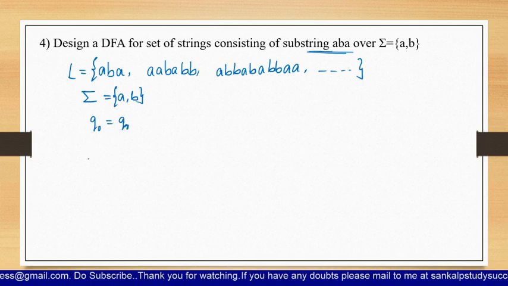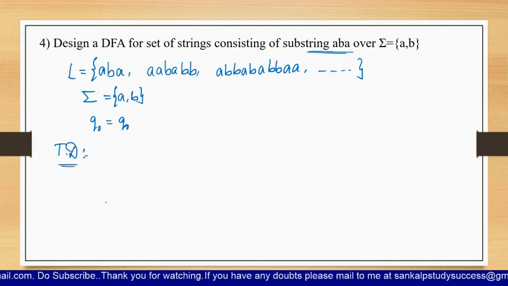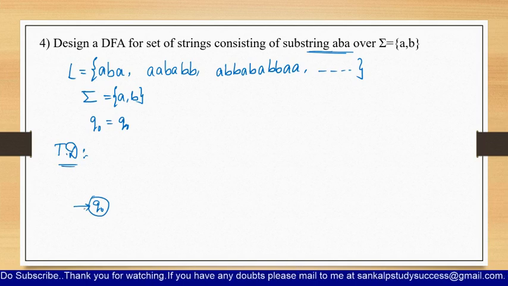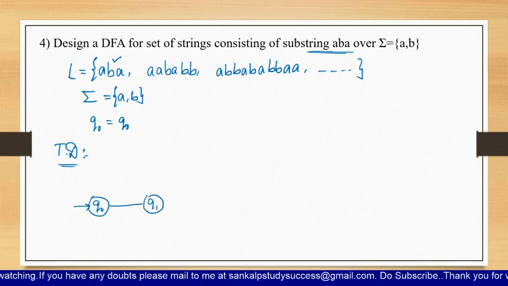Let us draw the transition diagram, wherein you start with Q0 as the initial state, and here you have to have ABA. That means ABA should be accepted. It is a valid string. Generally, it is easy if you consider these many states.